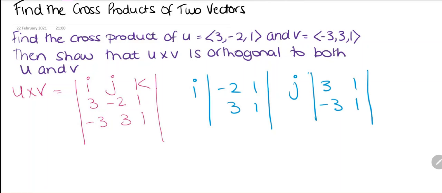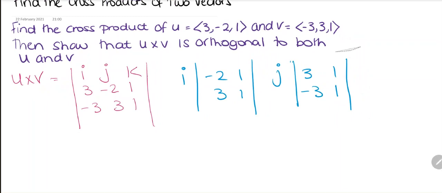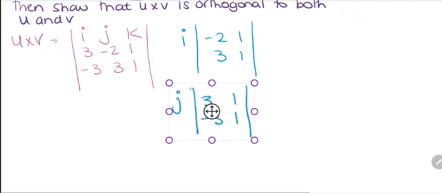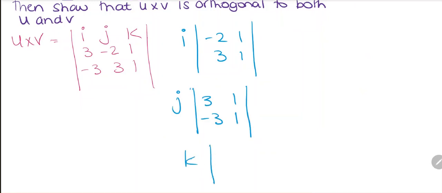And for k, let me just move that to make it easier to see. So let's put it right here. And then for k, we will use i and j. So it's going to be 3, minus 2, and 3.